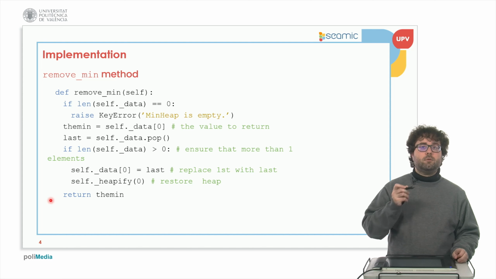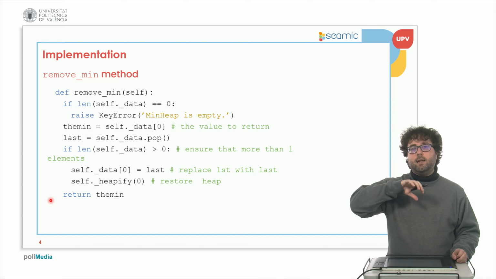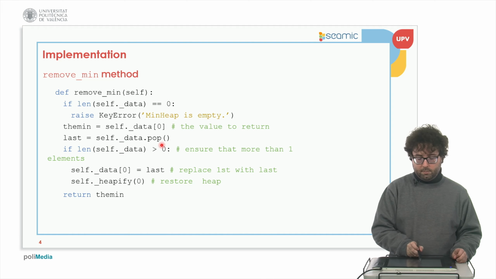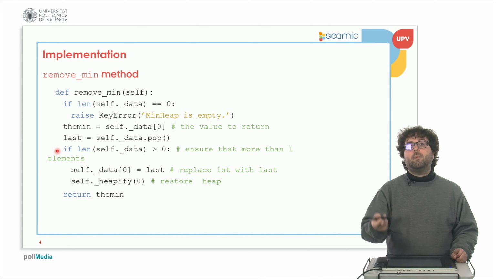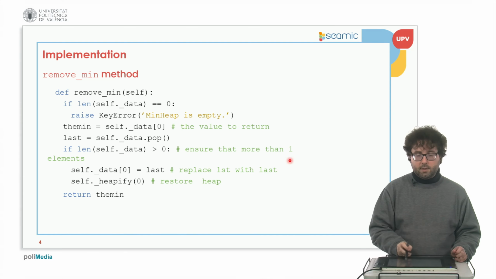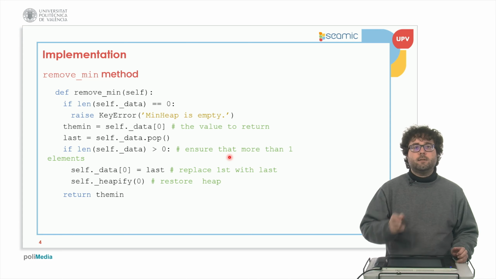Remember that what we do is take the last element of the list. That's why we are making that pop, to get that element and place it as the new root. Of course, we need to take into account that the heap has more than one element.